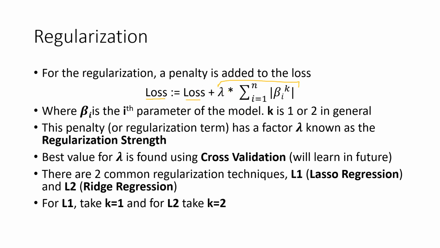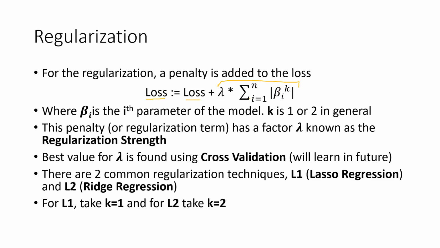It is known as a hyperparameter, which we have to set from the beginning of the machine learning process. Suppose n is the number of features in the data set, and beta is the parameter of the model, so n is the number of parameters.